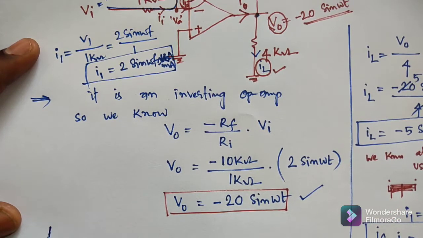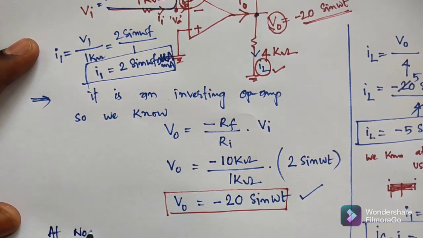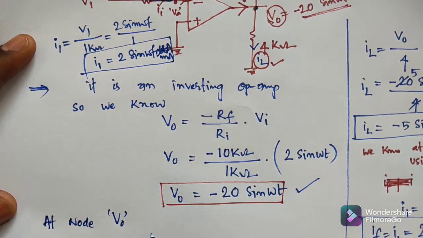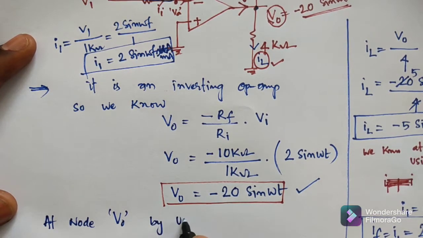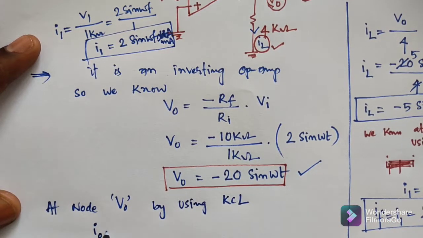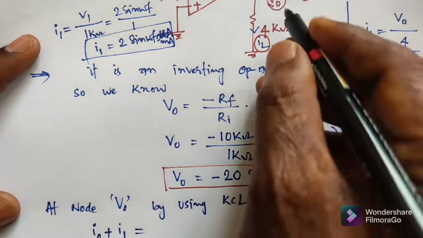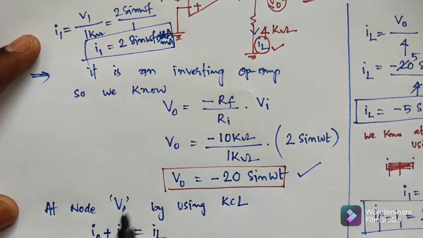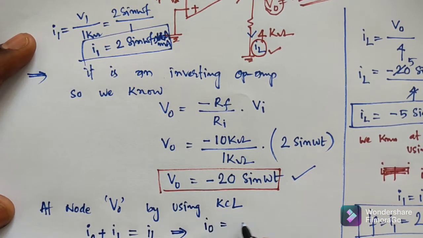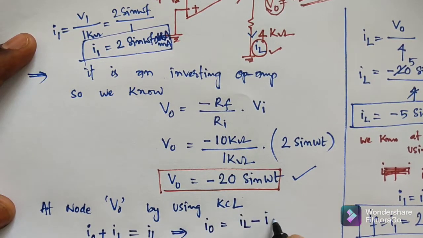At node V0, by using KCL, the incoming currents are I0 and I1 or IF, both are the same, and the outgoing current is IL. Now I have to calculate I0. So I0 is equal to IL minus I1.